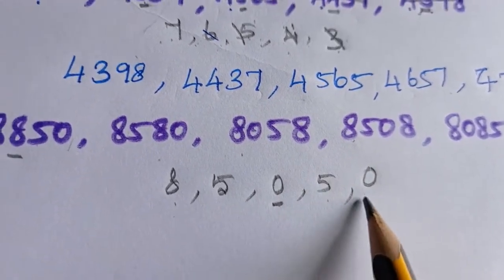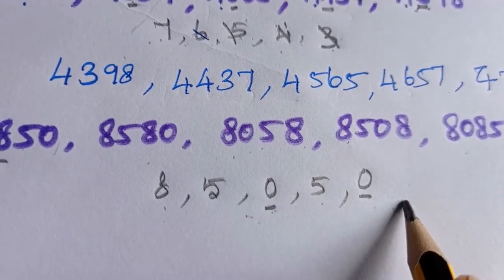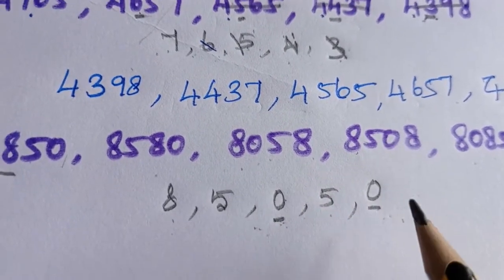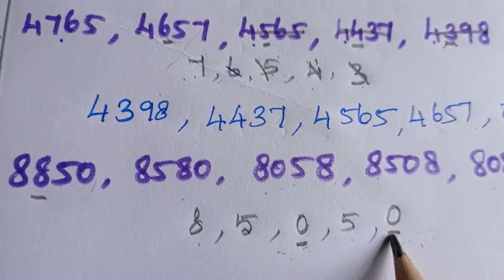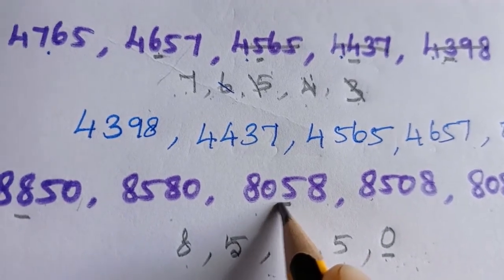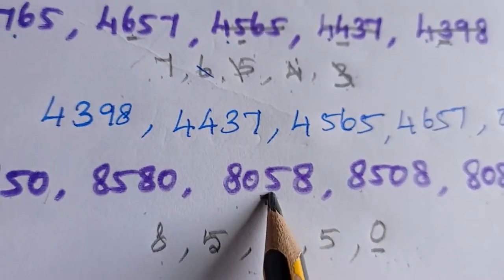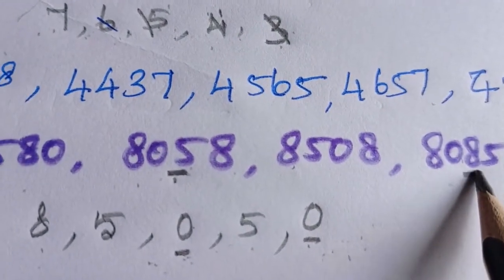0. Okay, but two numbers have the same 100 place value, that is 0. So what do you want to do next? Yeah, check those numbers' tens place values. The first number's tens place value is 5 and the second number's tens place value is 8.